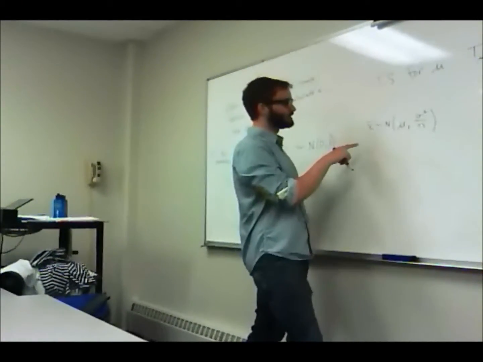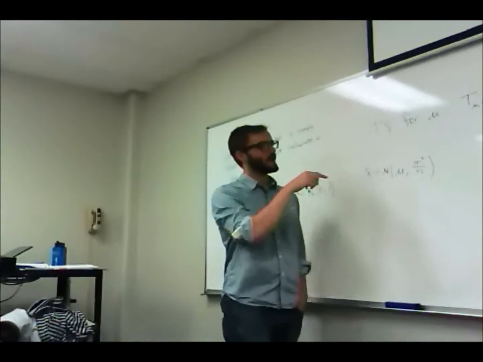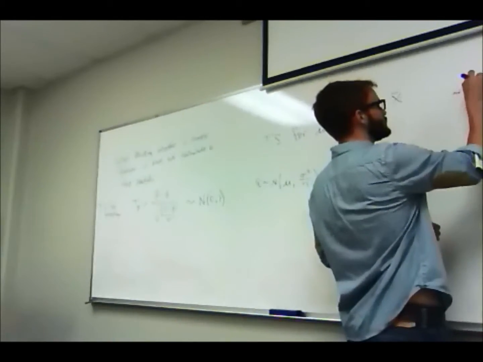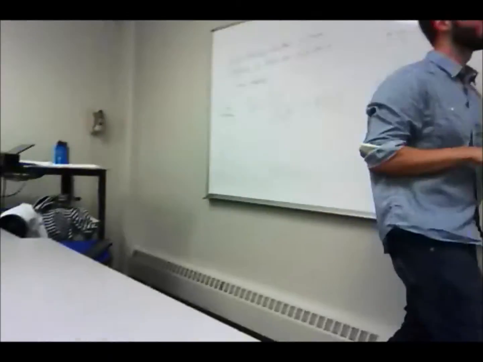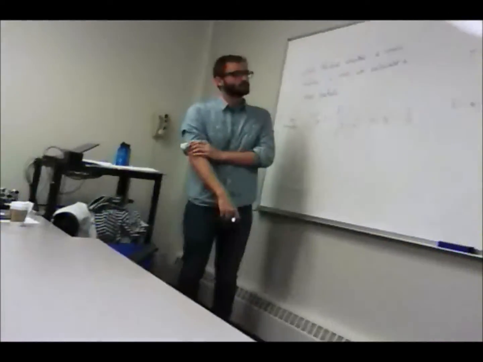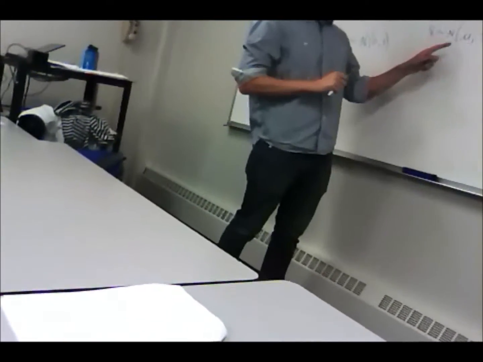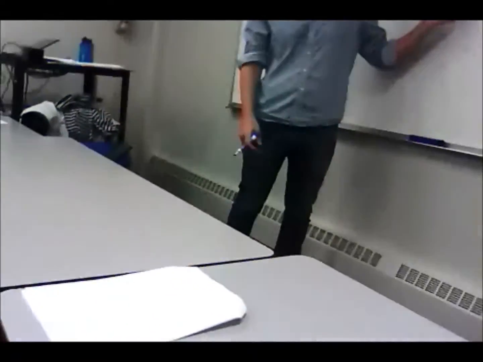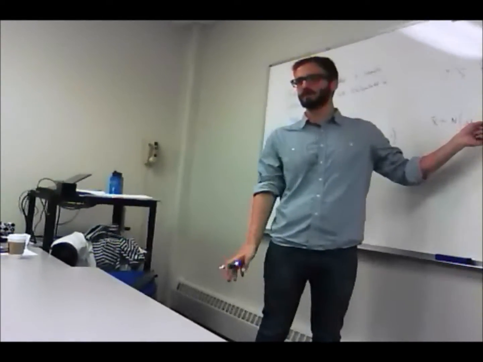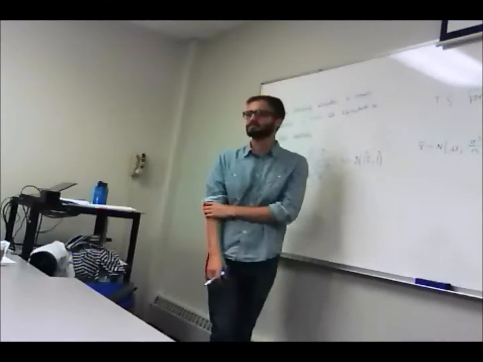If this is normally distributed with this mean and this variance, what test statistic could we get that would be distributed normal 0, 1? What would we have to do? This is a good review of chapter 6 for the finals. If these symbols scare you, think about something that's normally distributed with mean of 5 and standard deviation of 1, or variance of 1, like on the worksheet. What would you do to normalize it, to get it to a standard normal?